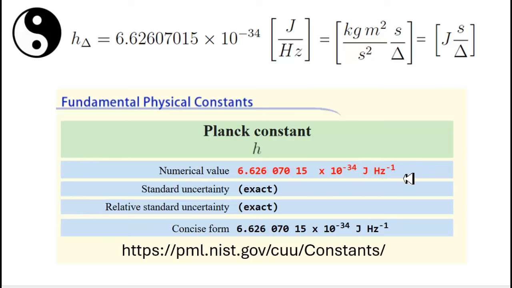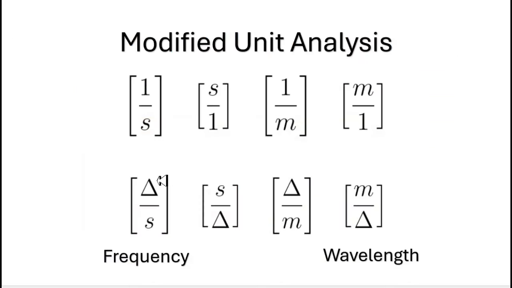So this is correct. There's nothing wrong with this. Joule per hertz is actually the correct, least ambiguous way of writing the units for Planck's constant. And hertz in modified unit analysis, frequency, is cycles per second.